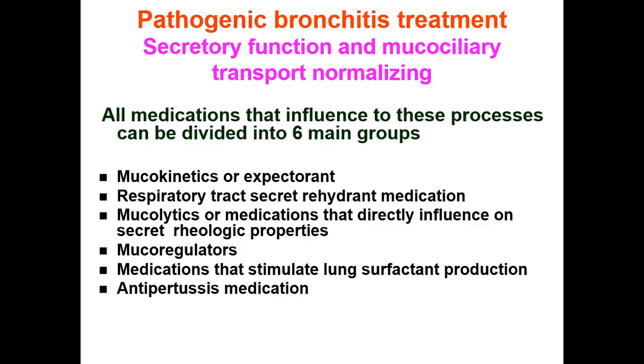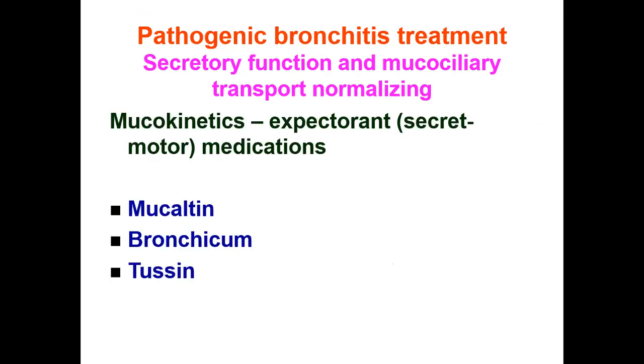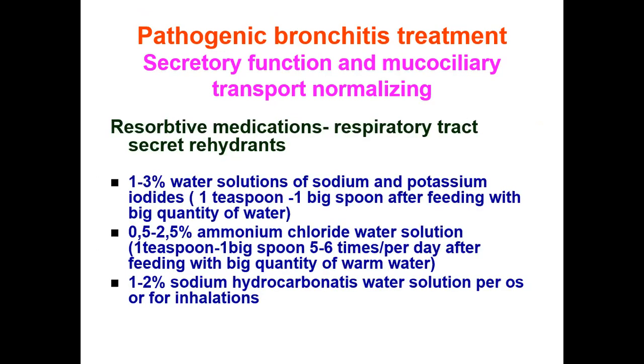All medications that influence the disease process can be divided into 6 main groups: mucokinetics or expectorants, respiratory tract secret rehydrant medications, mucolytics, mucoregulators, medications that stimulate lung surfactant production, and antitussive medication. Mucokinetics, expectorants, secretomotor medications: Mucaltin, Bronchicum, and Tussin.